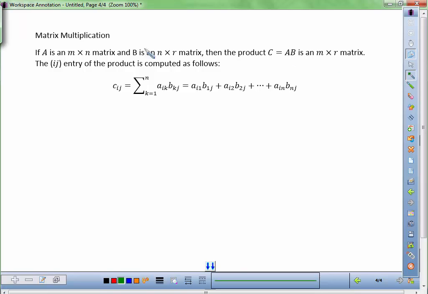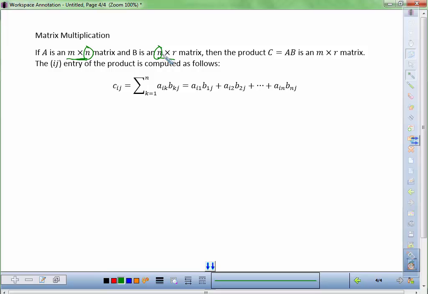So if you're going to multiply A times B, your A should be an M by N matrix, and your B, notice the similarities, is that the number of columns you have for A has to be the same as the number of rows you have for B. So that's going to be important before you actually do the multiplication, in that the columns for the first matrix and the rows for the second matrix have to match. And aside from that, it doesn't matter how many rows for the first matrix or how many columns for the second matrix.